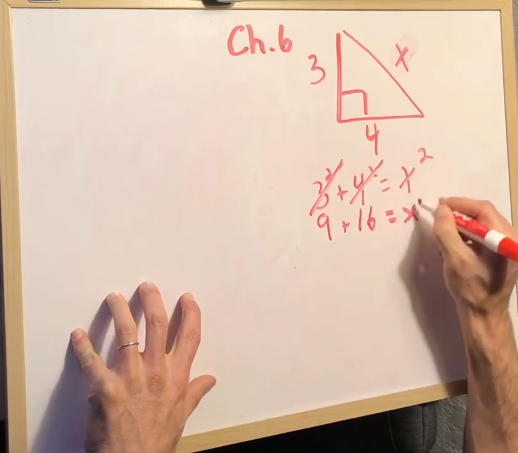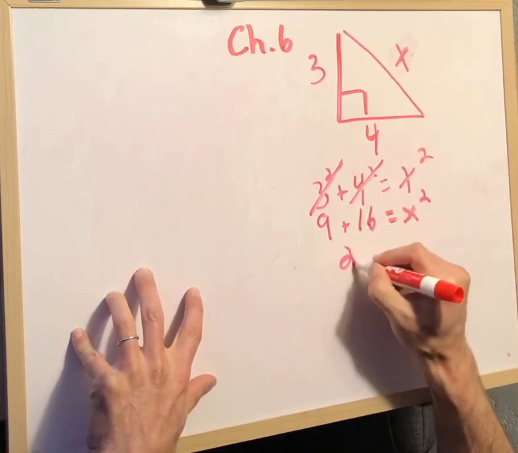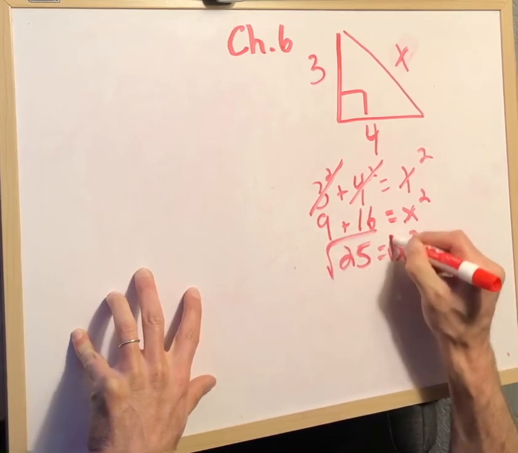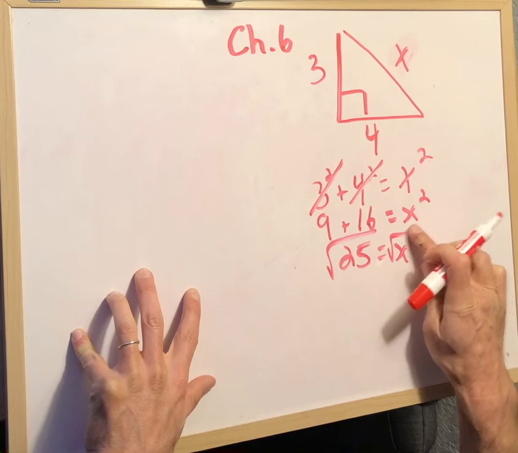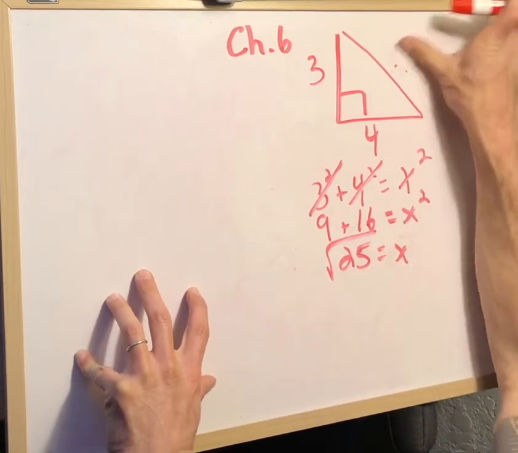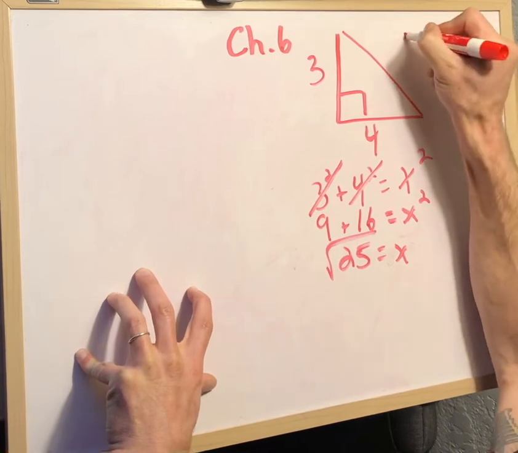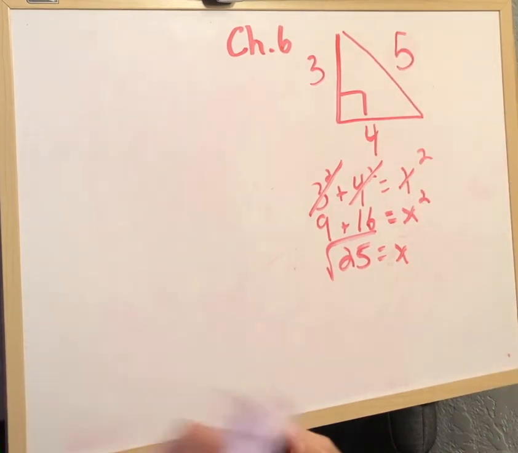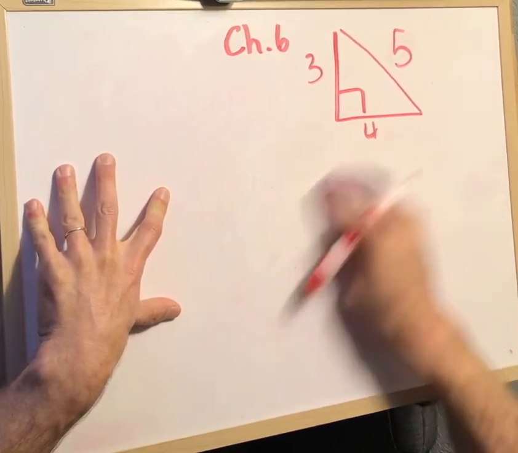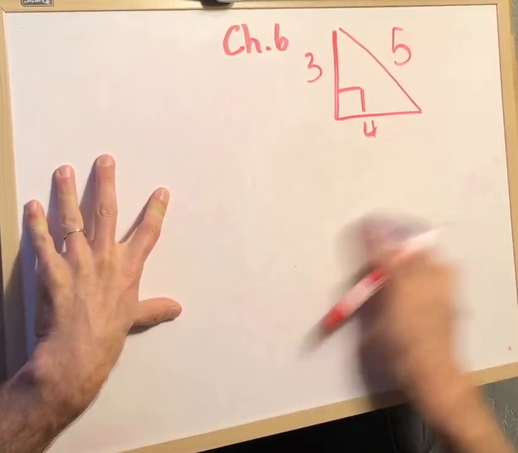This equals x squared. When you work this down, you get 25 equals x squared. And remember, you have to square root both sides. So the square root takes care of the x, and you're left with x equals the square root of 25, which is a positive number. It is 5.